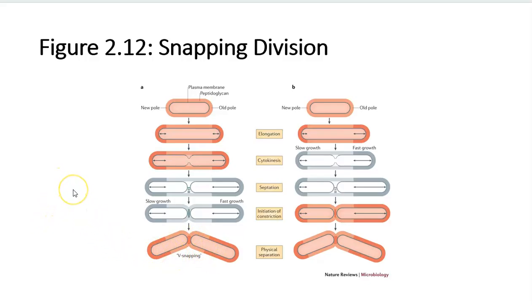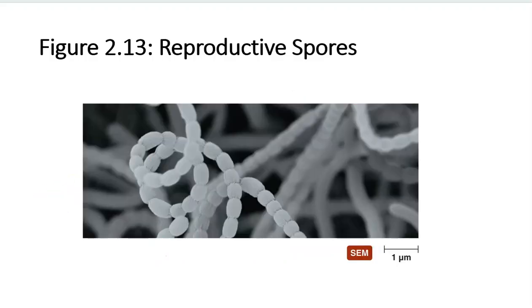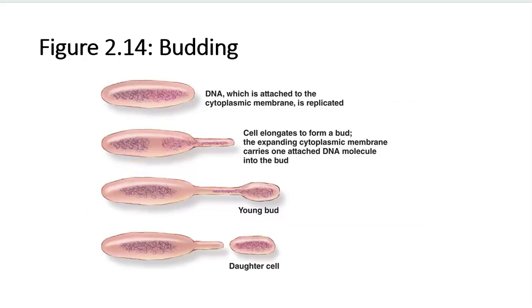Okay. Cholera is one of them. And you can produce spores. Bacteria can produce spores. We'll talk about the prokaryotes and their spores. One that's very common is budding. Binary fission is primary, but you can get budding. Yeast will bud.